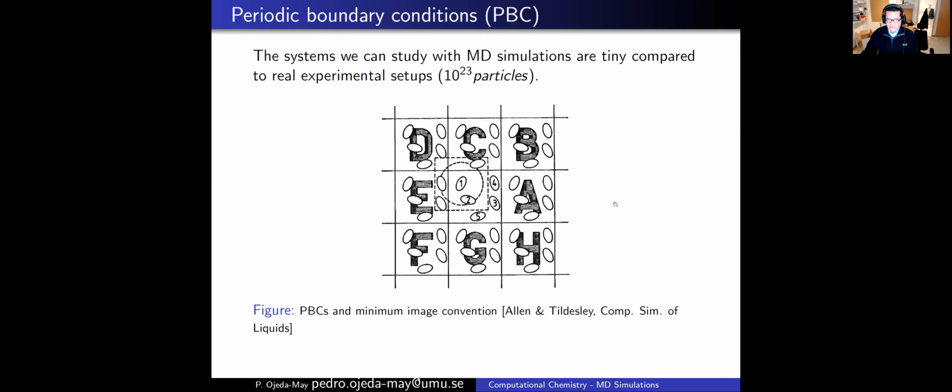But if you simulate in a computer like 1 million atoms in your simulation, this is still not a realistic system, because in a realistic system, the number of particles is around 10 to the 23, and that's not comparable to even 1 million particles.